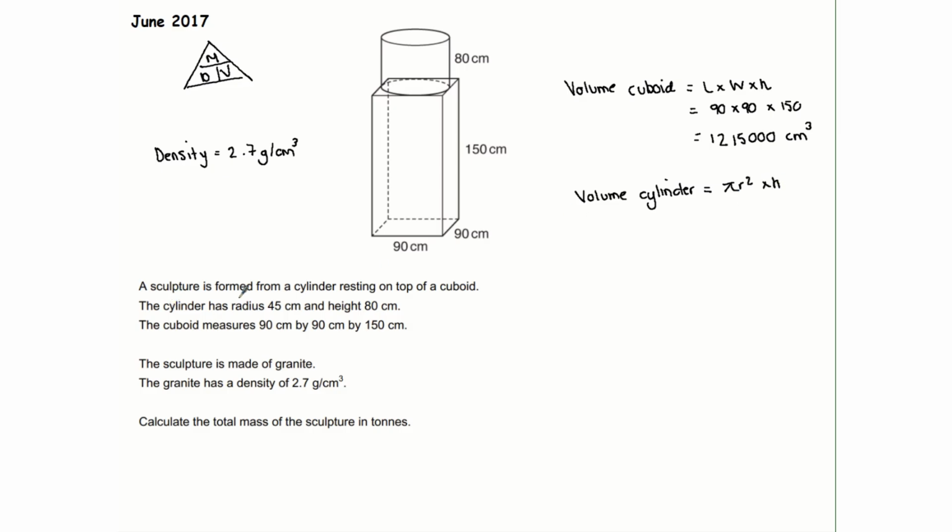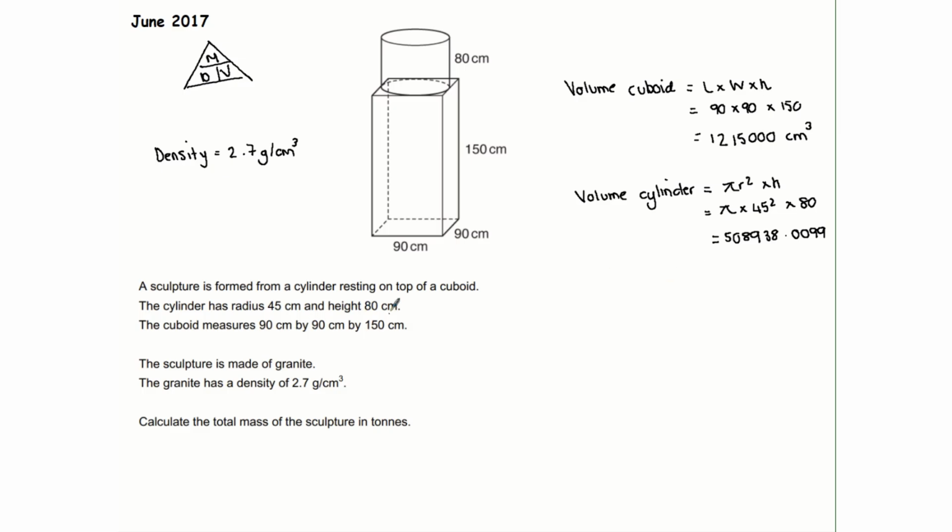We are given the radius as 45 centimetres, therefore it's pi times 45 squared times 80. So that gives me the following. I'm going to write down everything that is on my calculator display so I don't make an error.